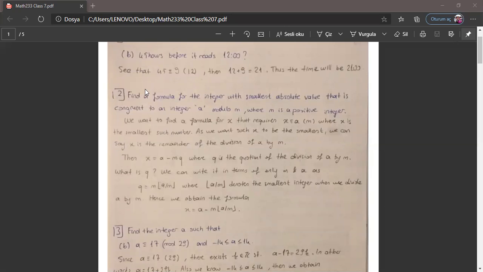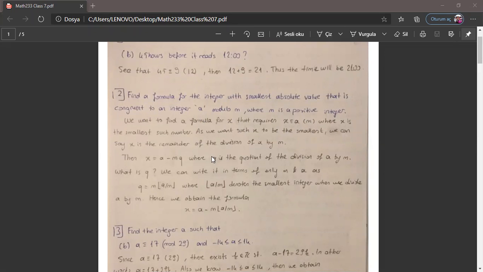So for the second question, we will find a formula for this integer x that is congruent to an integer a modulo m, and we suppose m is positive. Now to find the formula, we know x, if such x exists, should satisfy this.